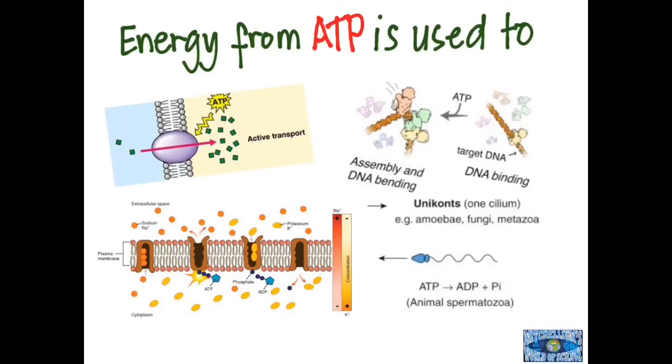For example, energy from ATP is used to transport certain molecules into and out of cells, assemble proteins, DNA, and other cellular products, send impulses along nerve cells, and move the cilia of cells lining the intestines so they can function in digestion, or the flagella of sperm cells so that fertilization can occur.